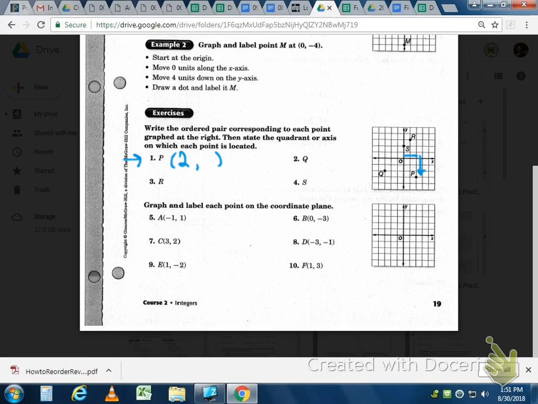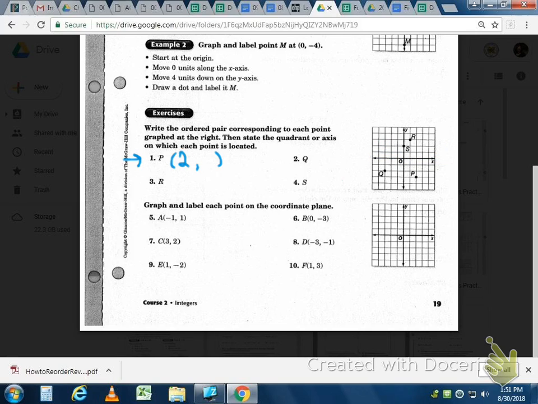All right, so as we look at this, let's just review that the x-axis has the 0 right here at the origin, and this side is all the positives, whereas this side is all the negatives. So that's the x-axis.